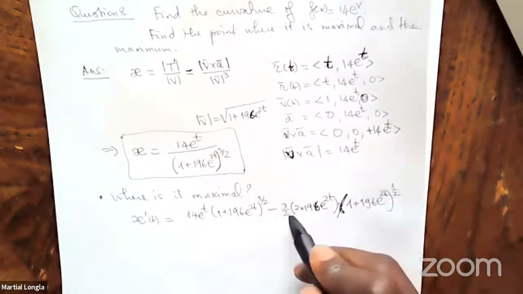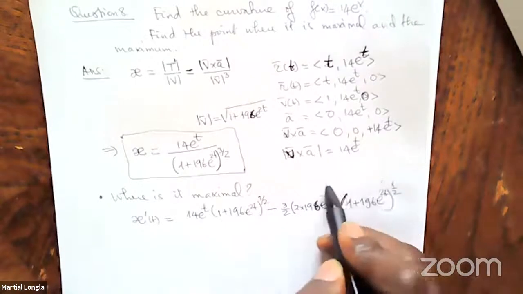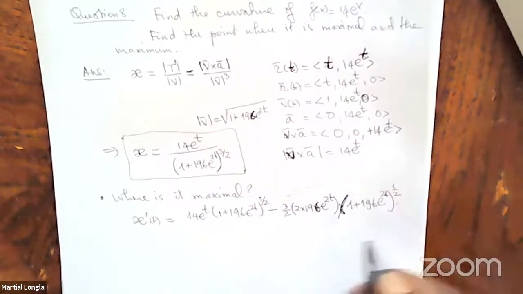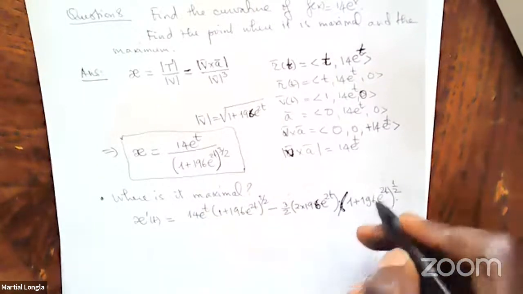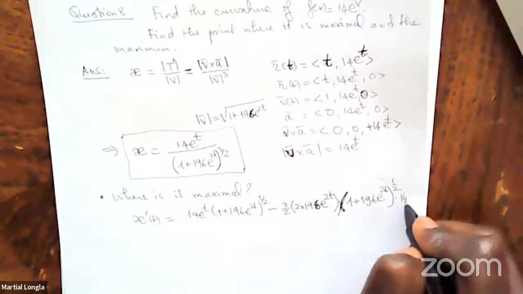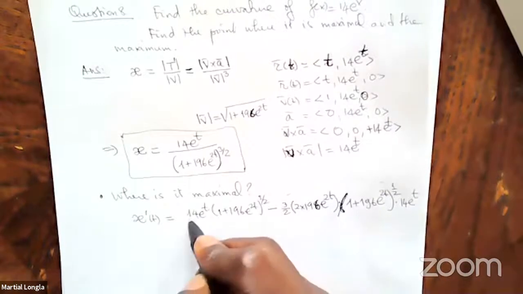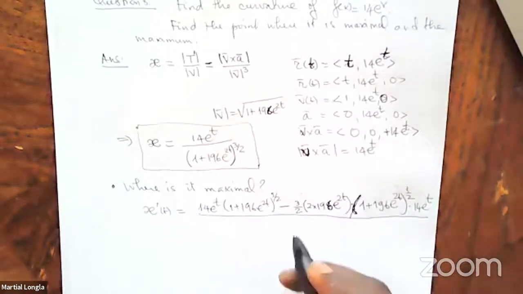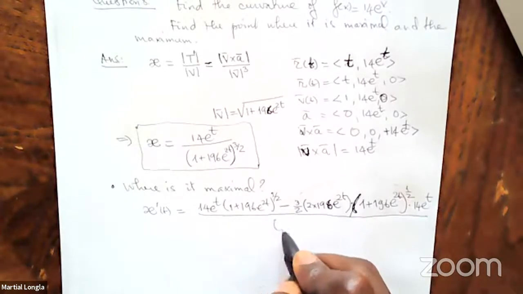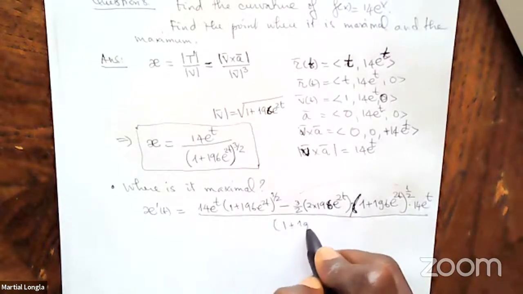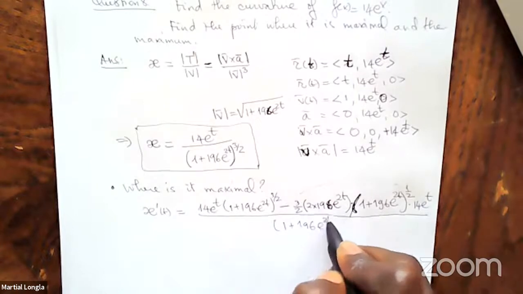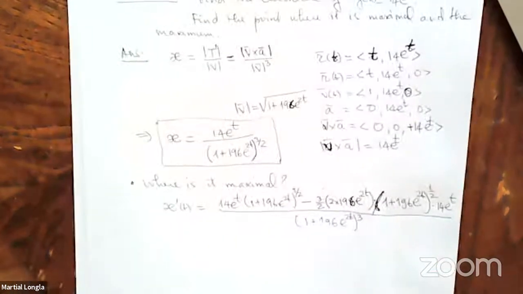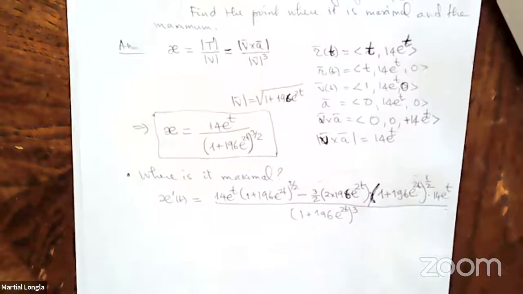And so this is just the derivative of that denominator using the chain rule, times the numerator 14 e to the t, divided by the square of the denominator. Are we correct?